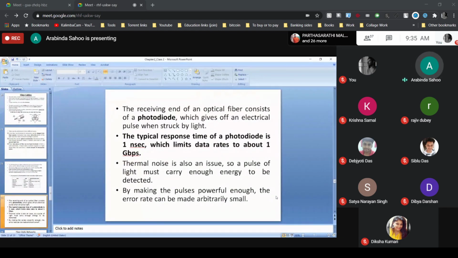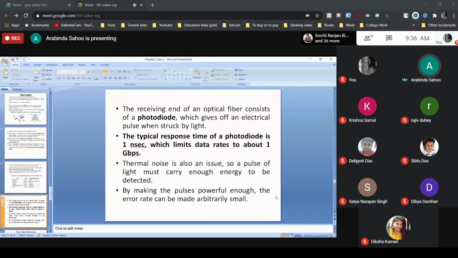That is 1 divided by 1 nano, which equals 10 to the power 9 pulses. If each pulse represents 1 bit, then it can convert 10 to the power 9 bits per second, which is equal to 1 Gbps. This is what limits the data rate to about 1 Gbps.